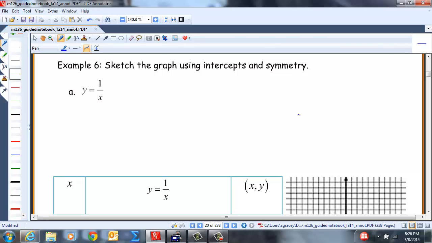So again, this turns out to have a vertical asymptote at the y-axis, the line x is 0. So we are unable to plug in 0 for x, which means there is no y-intercept. Now, if you set y equal to 0, you're basically saying that 1 is 0. So there's no x-intercept. So, no intercepts.